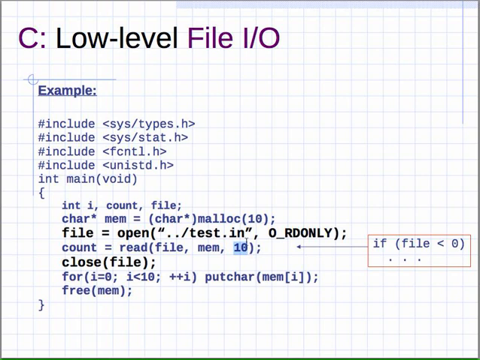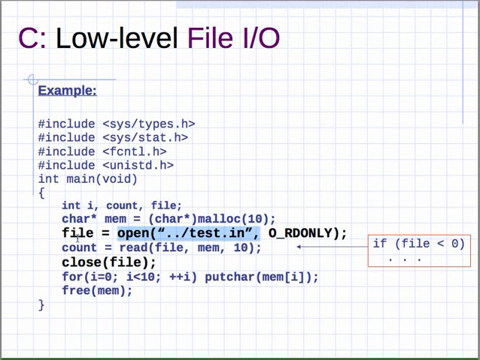So with low-level file I/O, we read chunks of bytes. Okay, so to be safe, you probably want to put in an if statement to check if what open returned, that is the file handle, is actually 0 or greater.